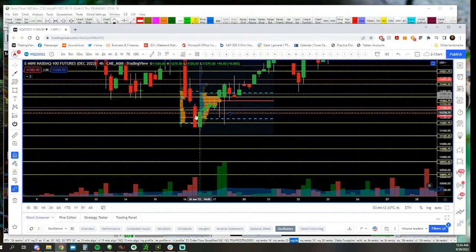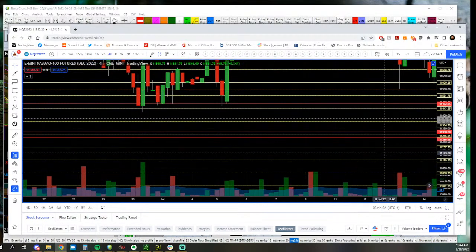This is a super important level to hold on a test, right? I'm not saying that if we trade 1 point below it, it's a problem. All I'm saying is that we have to find buyers anytime we trade under this, because it had a lot of volume down here. And if you could get under this and then test it from below and roll over, it can go a lot lower, right?